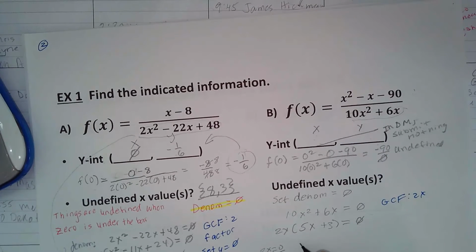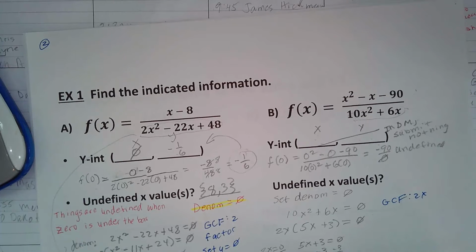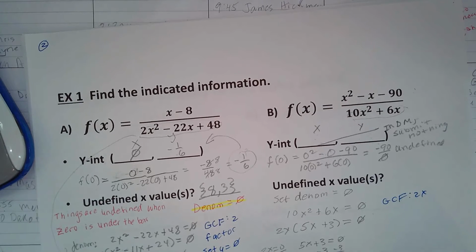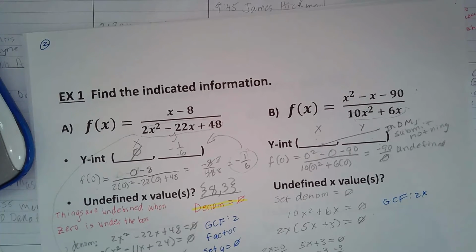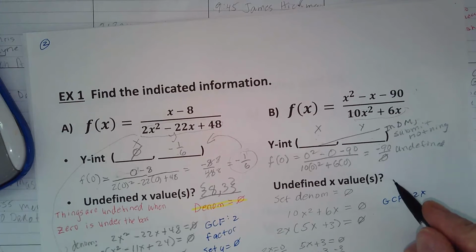And then I have 5x plus 3 equals 0. Subtract 3 from both sides, I get 5x equals negative 3, and then divide by 5, I get x equals negative 3 over 5. Okay, so I have two solutions for x under this situation.